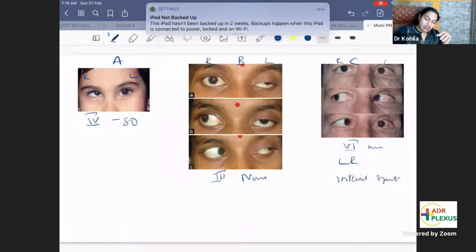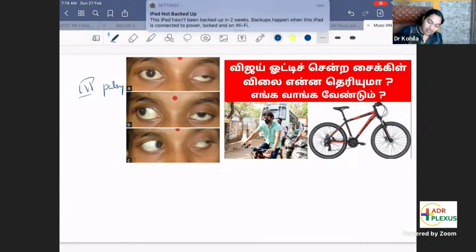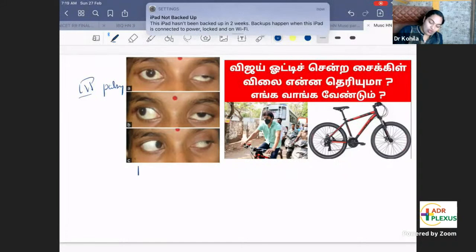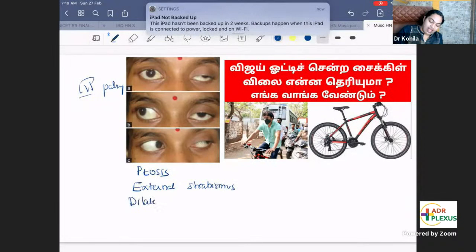Yes. So what are the features of oculomotor nerve palsy? You will find out why I put this picture. Yes, tell me. So ptosis, yeah, external strabismus, dilated and fixed pupil. Okay, accommodation. Accommodation is lost.